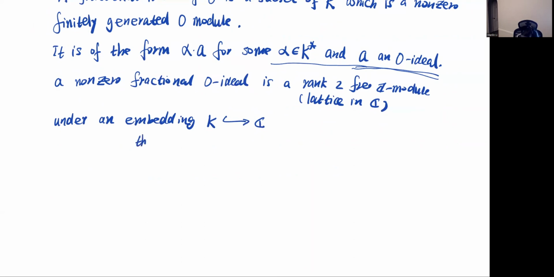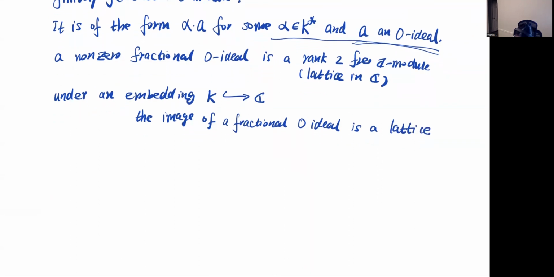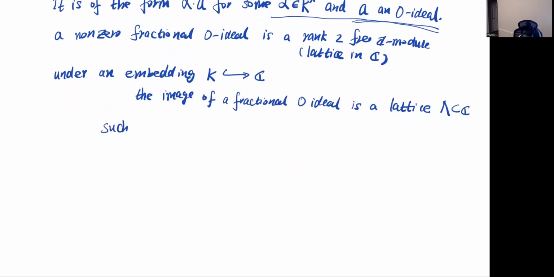Under an embedding, the image of a fractional O ideal is a lattice lambda in C such that alpha times lambda is in lambda for any alpha in O. Okay?